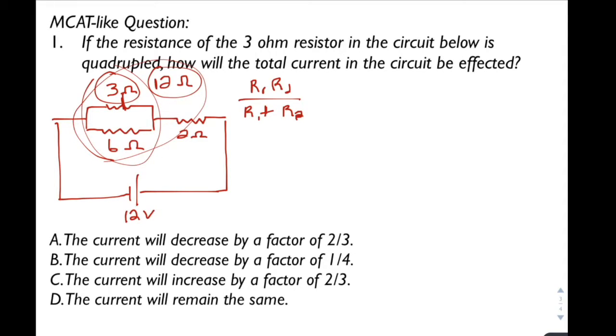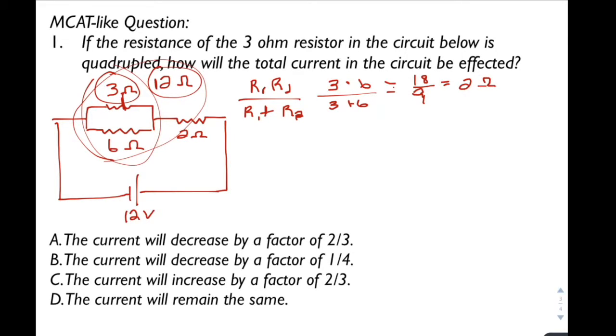So I'm going to plug that in: 3 times 6 on the top, and 3 plus 6 in the denominator. That gives me 18 over 9, which is 2 ohms for the equivalent resistance.